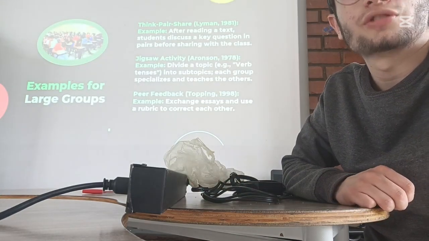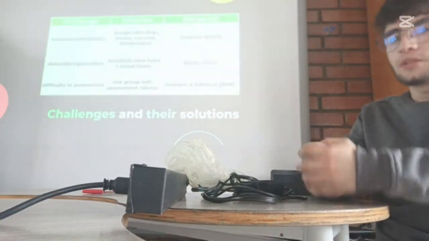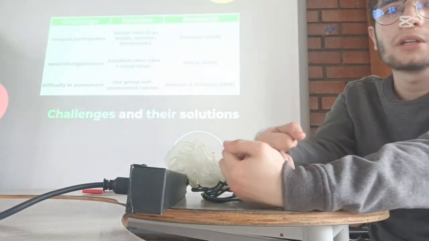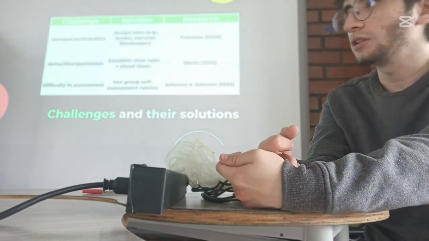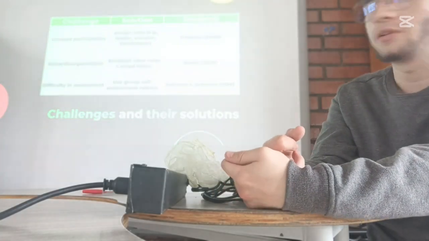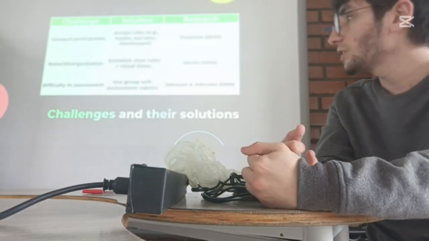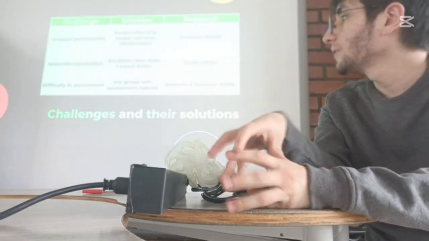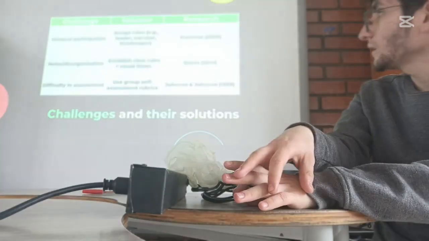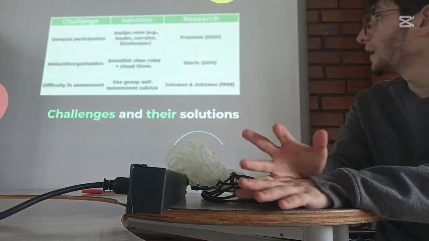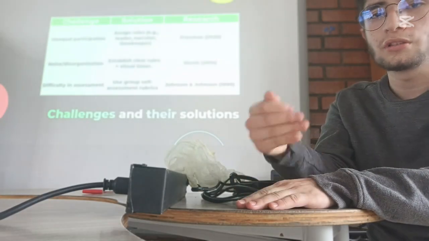These are some challenges that we can face with this: unequal participation, noise and disorganization, and difficulty in assessment. The first one could be solved by assigning roles for the students.